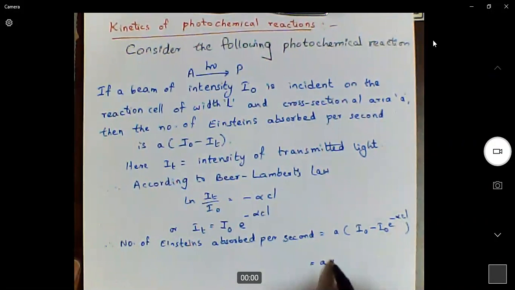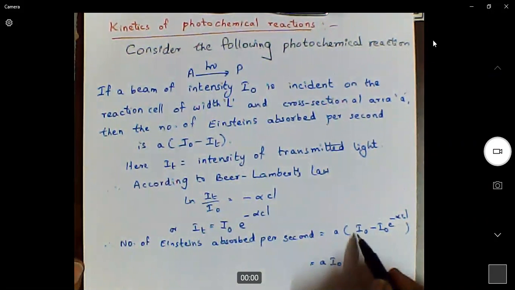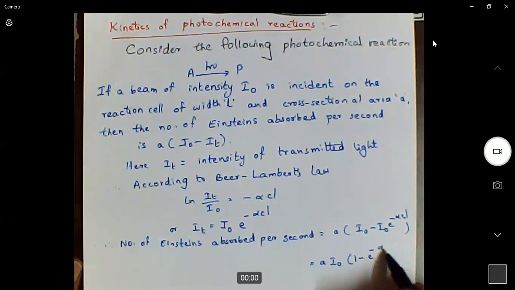We can make I naught a common term. So A into I naught into 1 minus e power minus alpha CL. You know the expression for e power minus x. What is the expression for e power minus x?